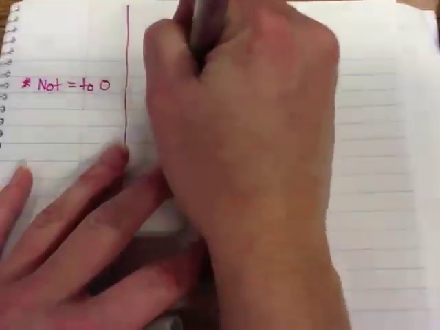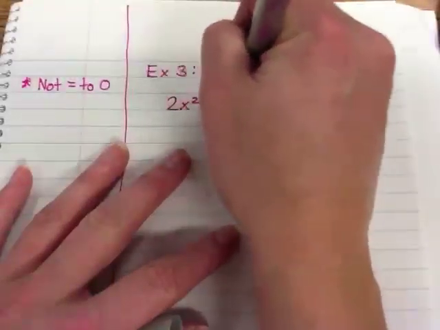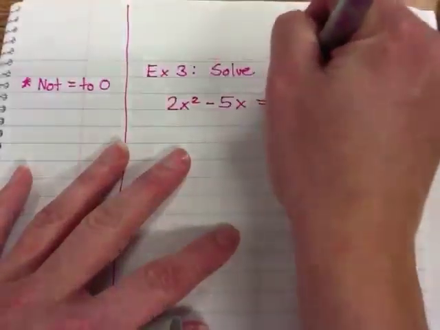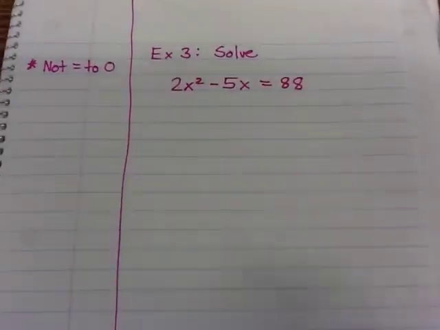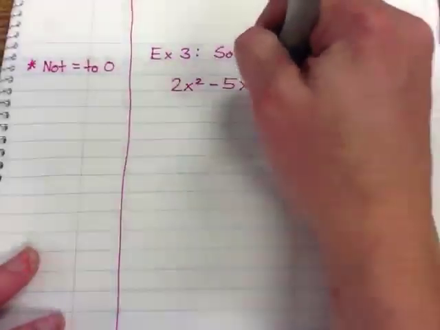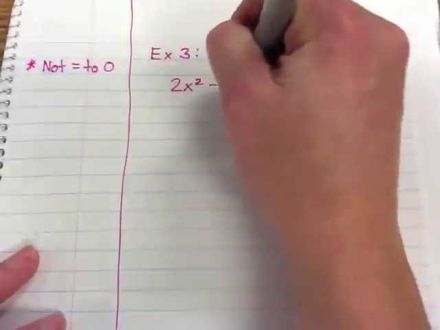Solve 2x squared subtracting 5x equals 88. Okay, so it's not equal to 0. What are you going to do to get it equal to 0? Subtract 88 from both sides of the equation.